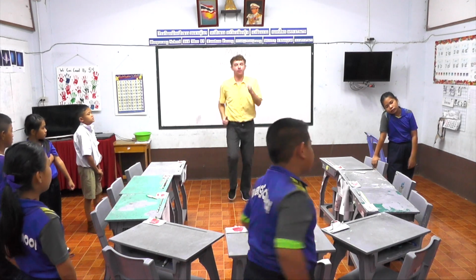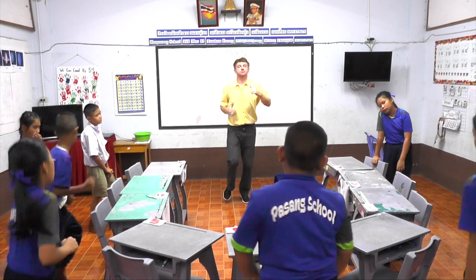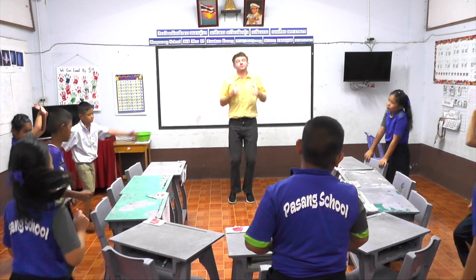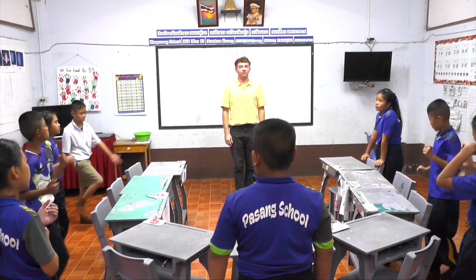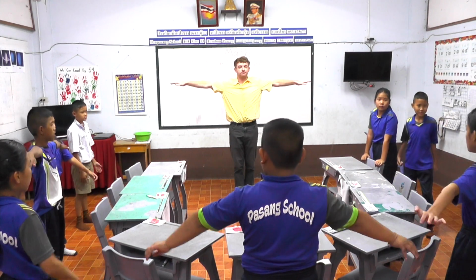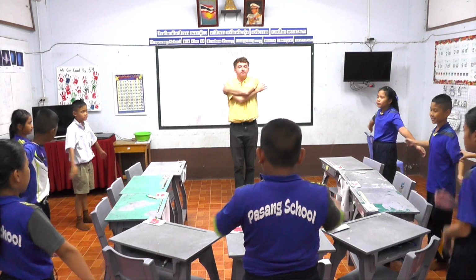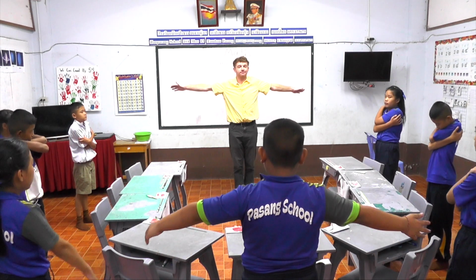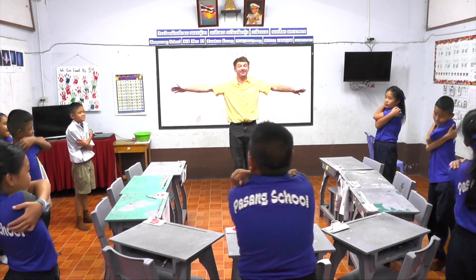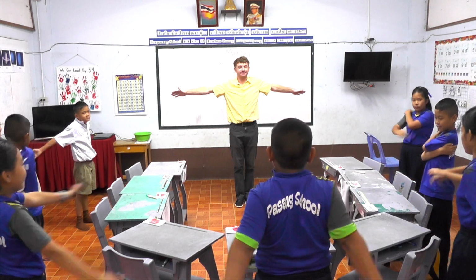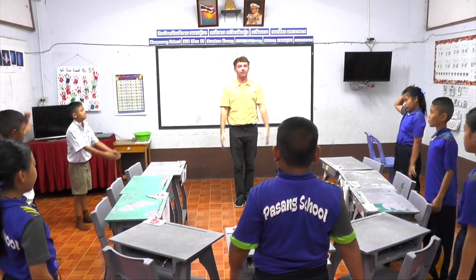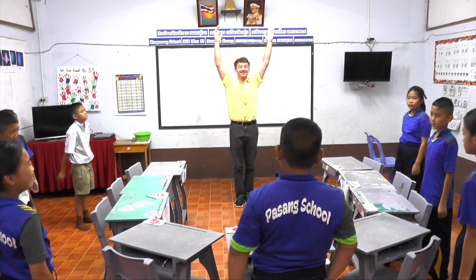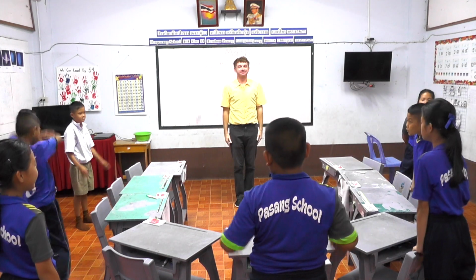Teacher says, jogging on the spot. Stop. Teacher says, arms out. Teacher says, arms in. Arms out. Teacher says, arms out. Teacher says, arms up. Teacher says, arms down. Arms up. Arms down.